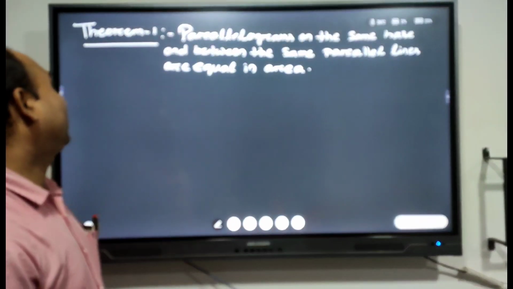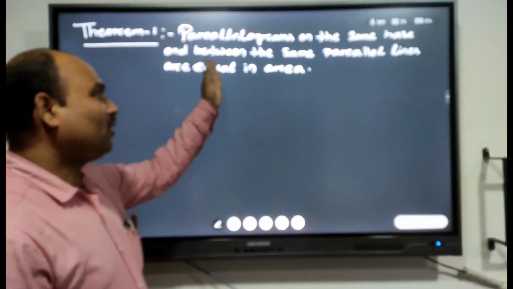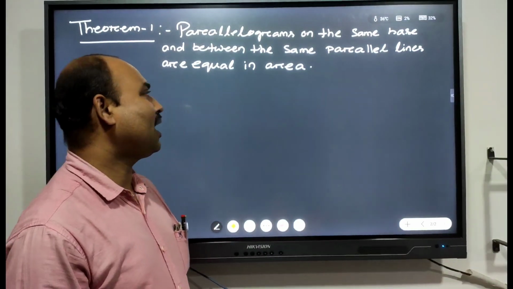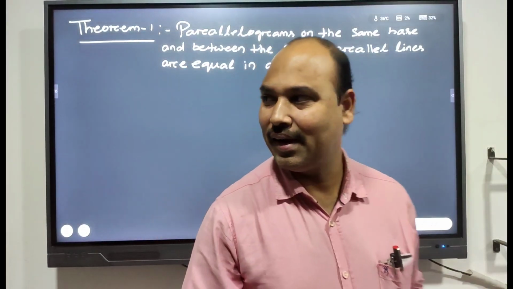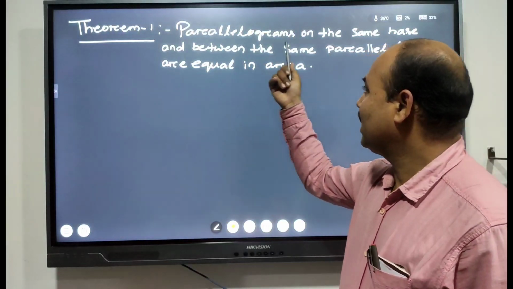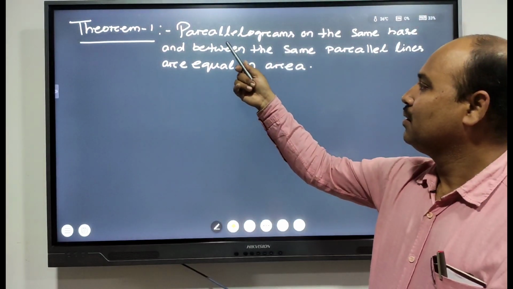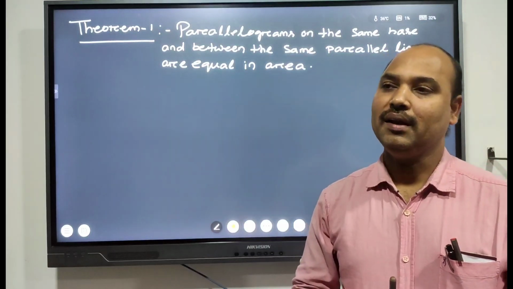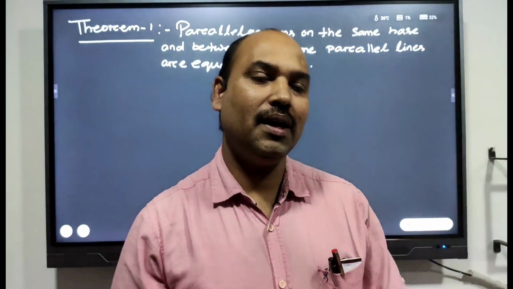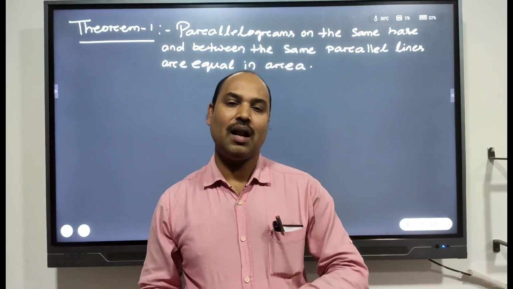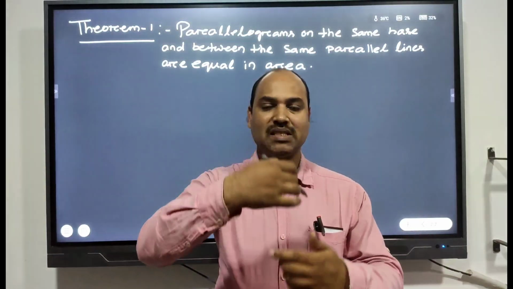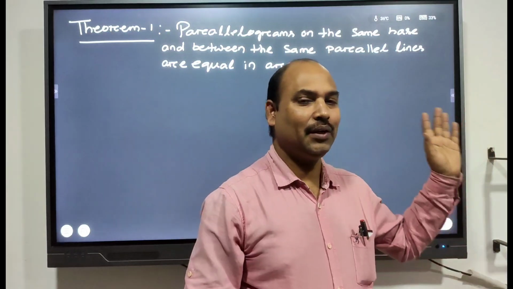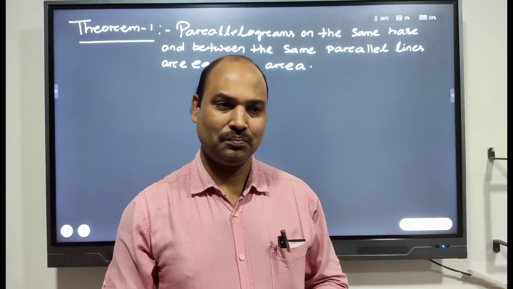Here the theorem is written: Theorem 1, parallelograms on the same base and between the same parallels are equal in area. It means if two parallelograms lie on the same base and between the same parallels, then their areas will be equal. That thing we have to prove in this video.